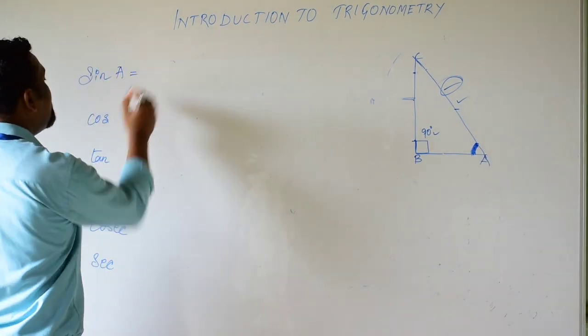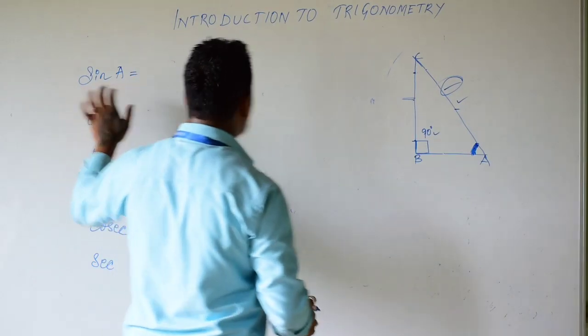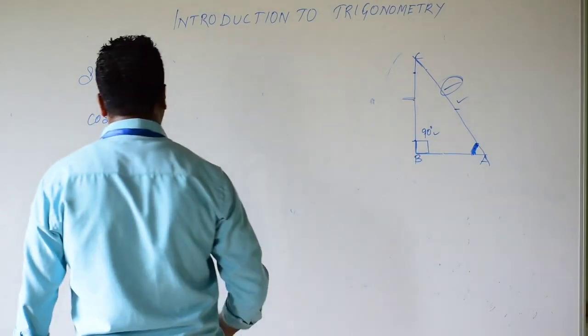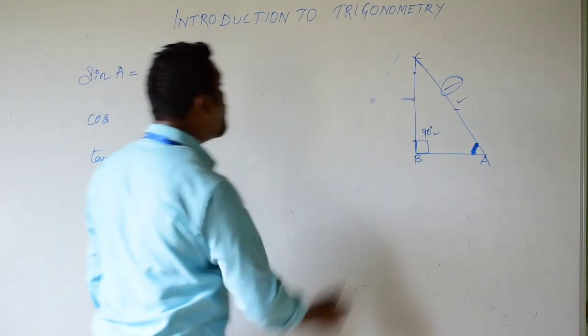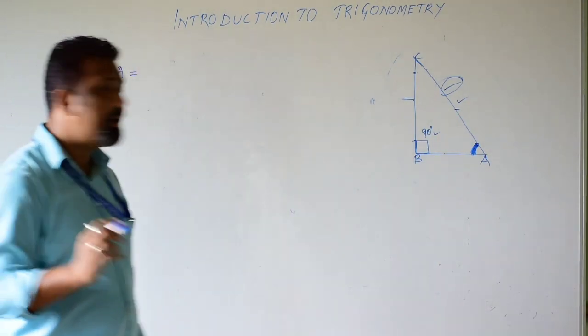A and relate it: sine is equal to, what is the formula? Formula means how we relate them. For that we have an easy process for memorizing.